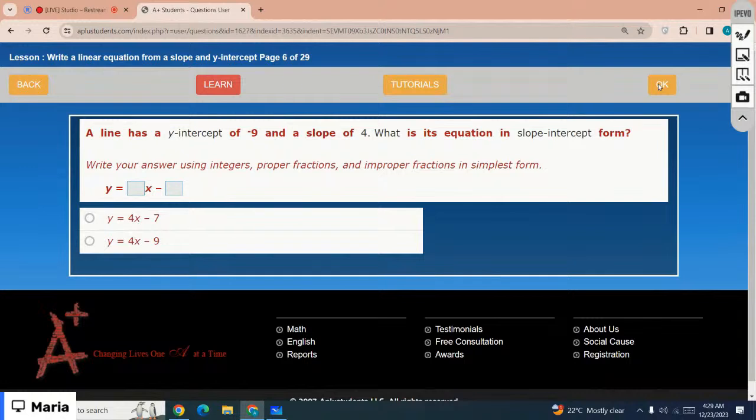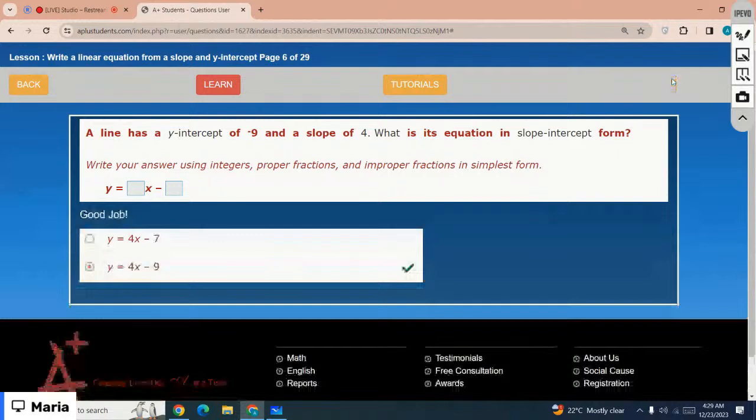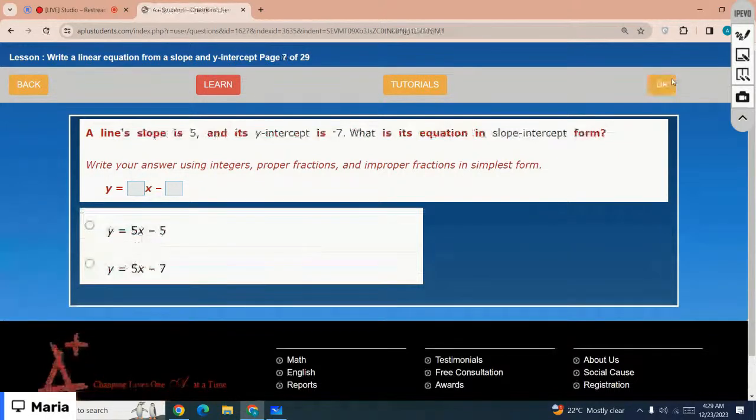Yes, that is equation number 2. Y equals 4x minus 9 is the correct option. Very good. A line's slope is 5 and its y-intercept is -7. What is its equation in slope-intercept form?